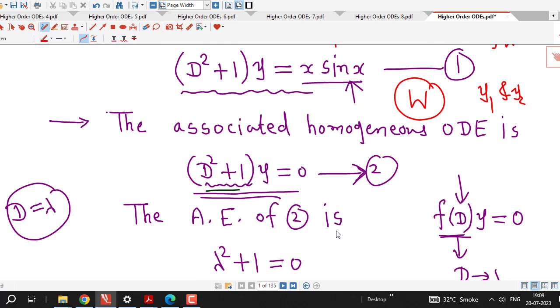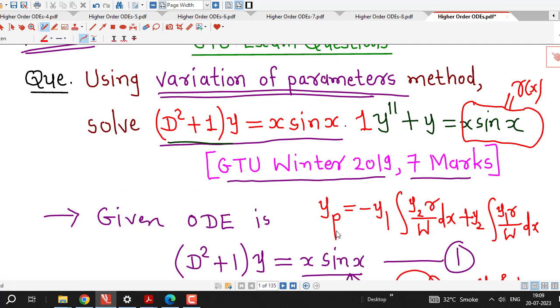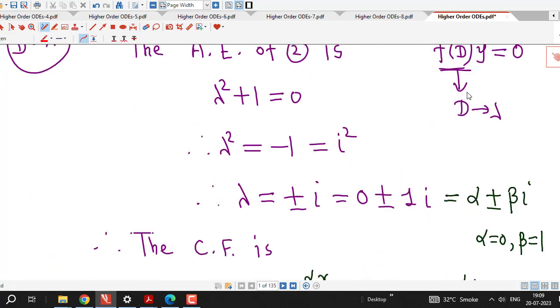And then we have to decide what is Rx, because Rx is also used here. So for that we have to first check whether the coefficient of the highest order derivative is 1 or not. If it is not 1, we have to divide the given equation by that coefficient, and we have to choose R of x accordingly.